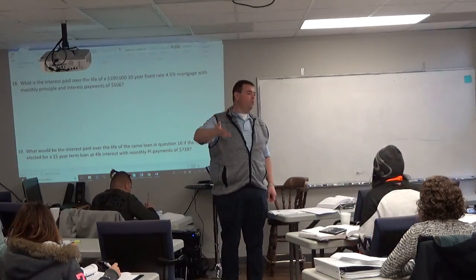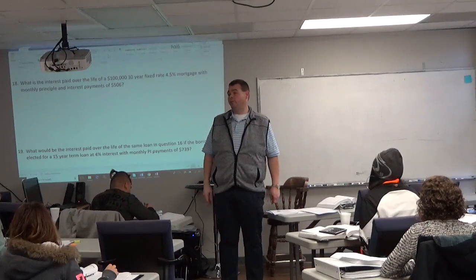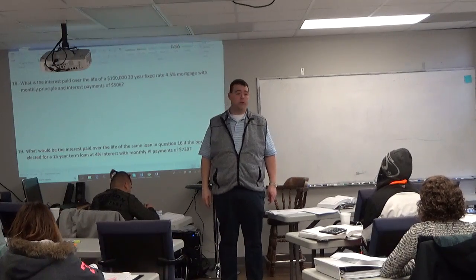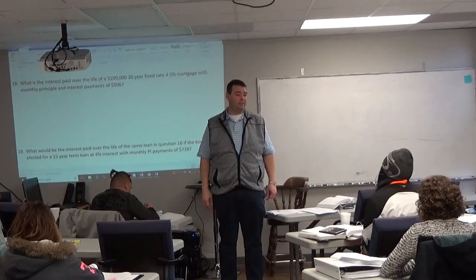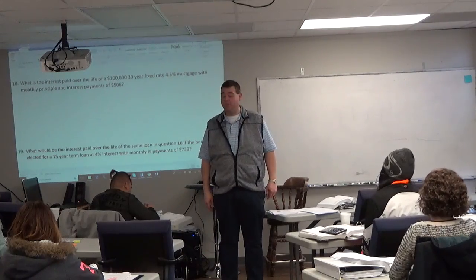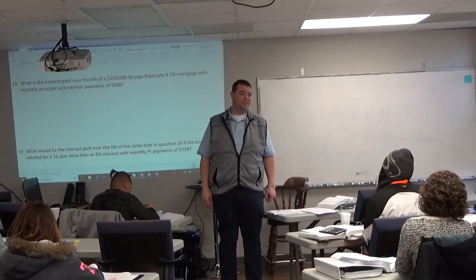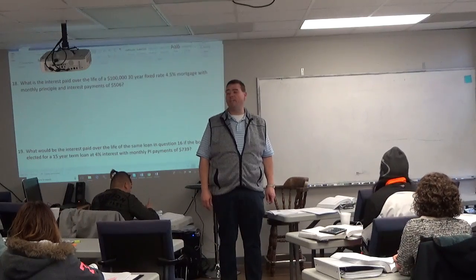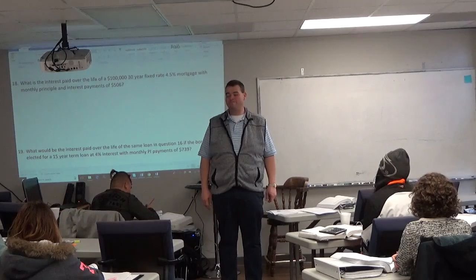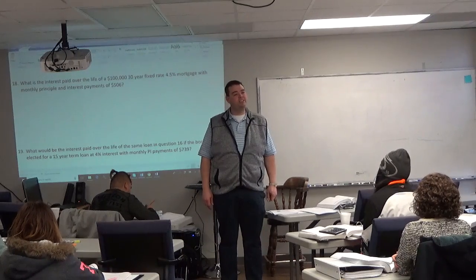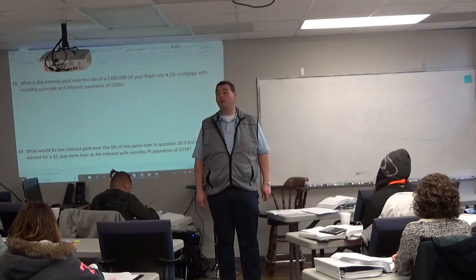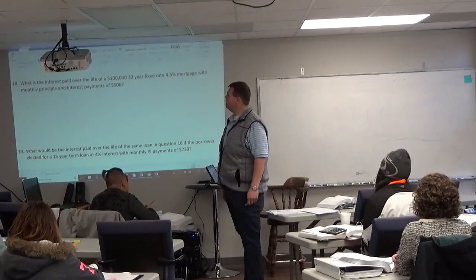Somebody said, well, I could calculate how much interest I paid in the first payment and then in the second payment. Sure, you can do it that way, for 360 payments. That would take a little bit of time, I would think, right? There's actually a much more straightforward way to handle this.